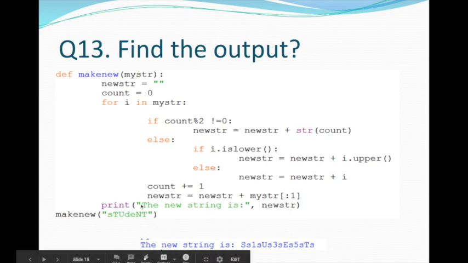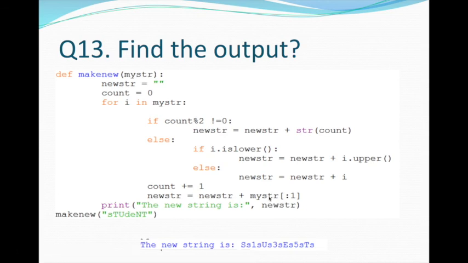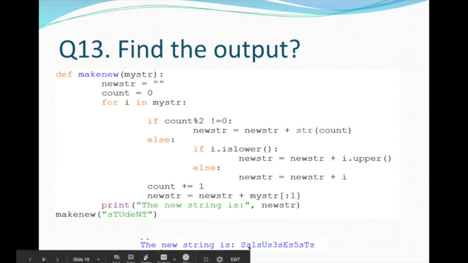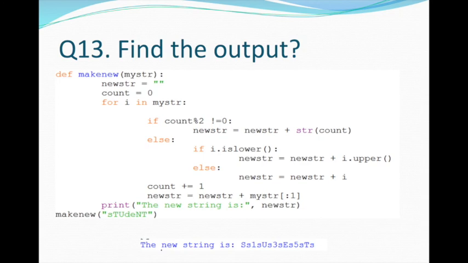So again the value being concatenated here is a small letter s. So now our new_str is capital letter S and small letter s. Again going to the next iteration. So we will get the answer up to S, s. That is the value in new_str after the first iteration.